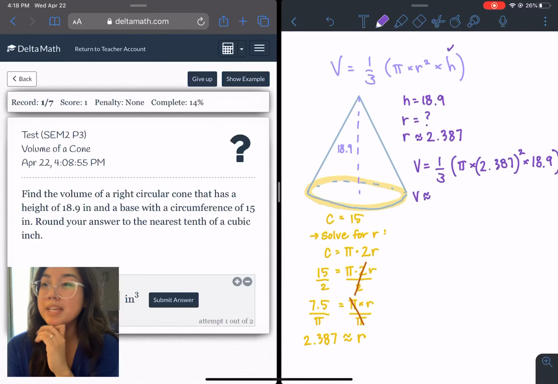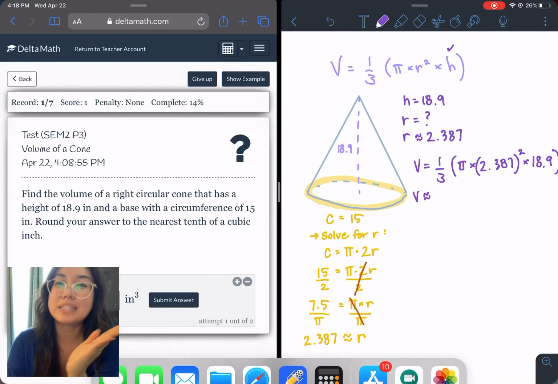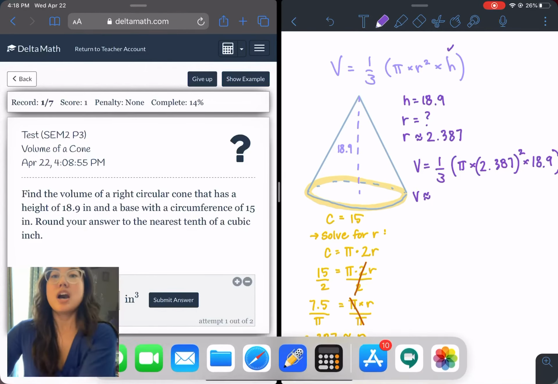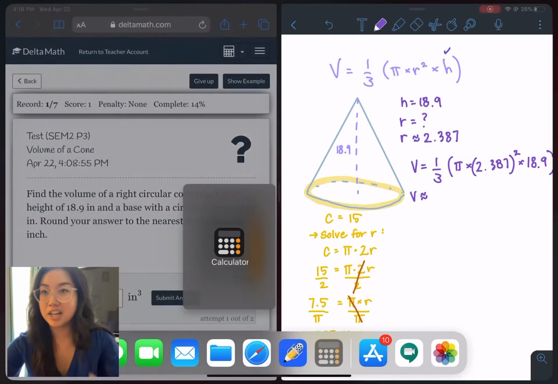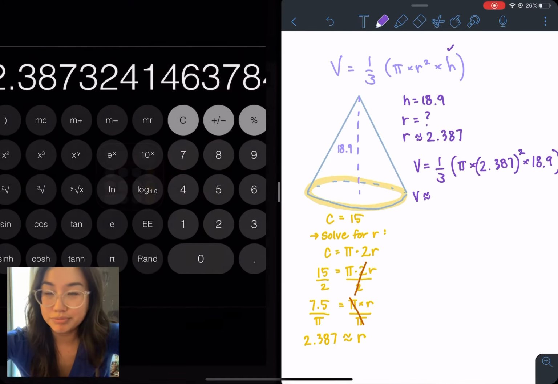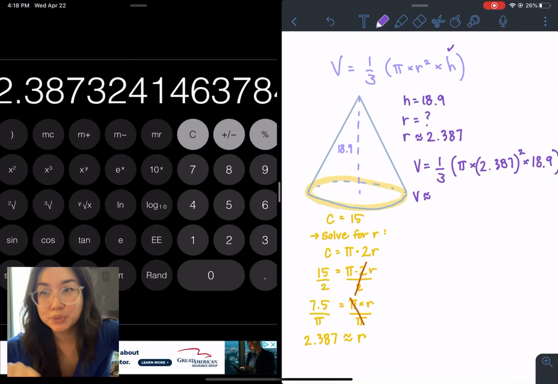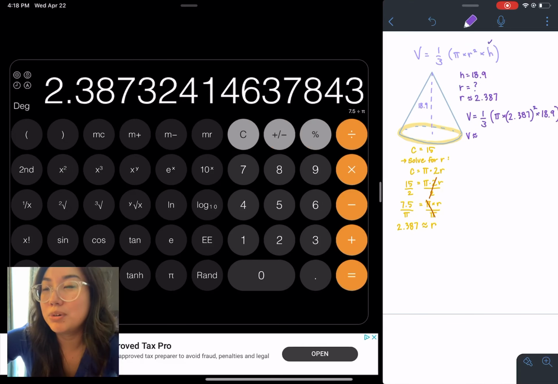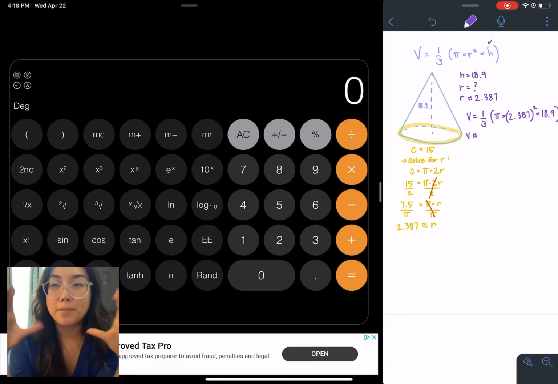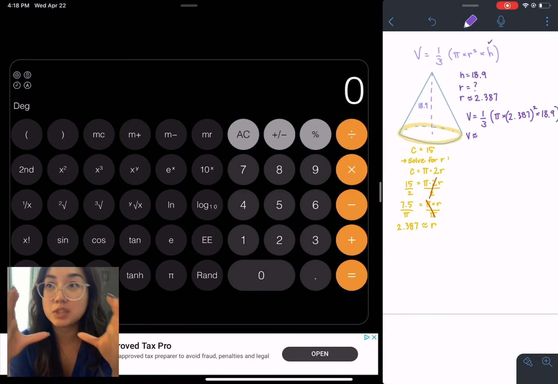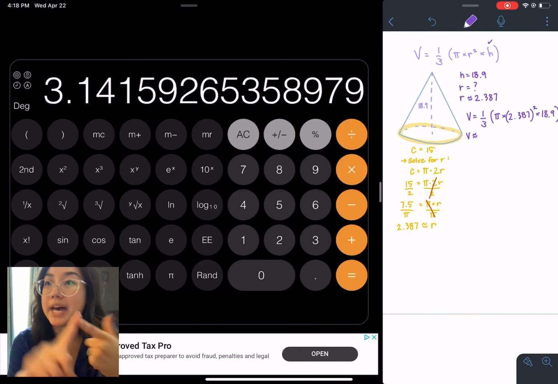And you end up getting an approximate answer of, let's get the calculator out. Alrighty, again, put in whatever's in parentheses first.